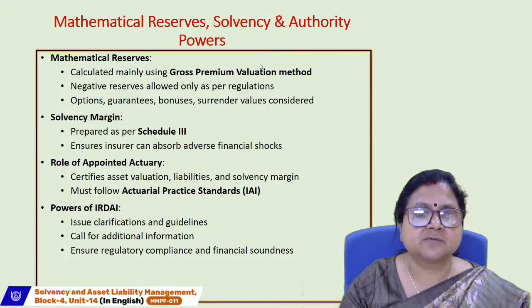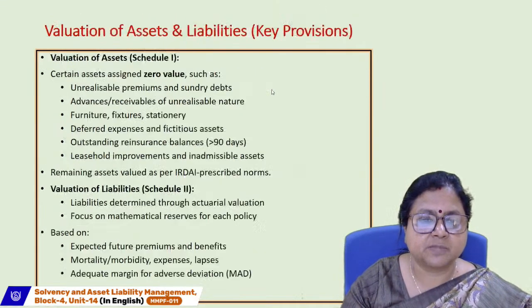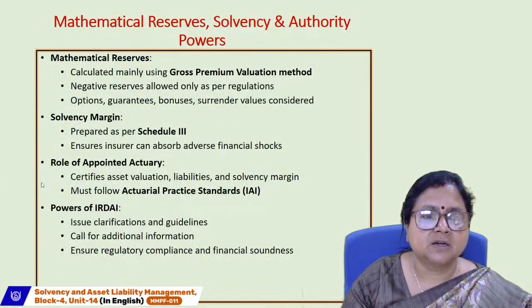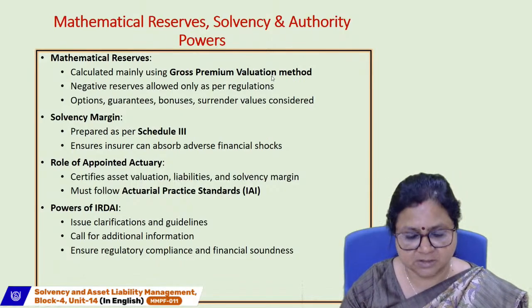Now, mathematical reserve, solvency and authority powers. So here we have discussed what the mathematical reserves of each policy are, and how the liabilities are calculated. Mathematical reserves are calculated mainly using the gross premium valuation method.